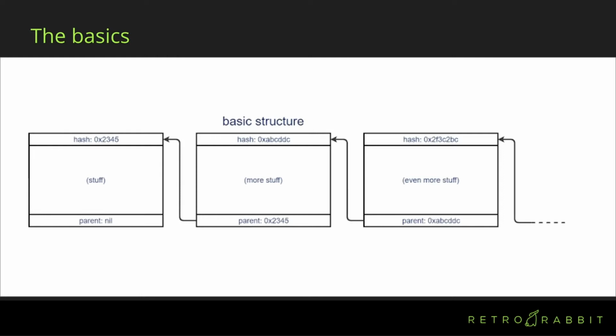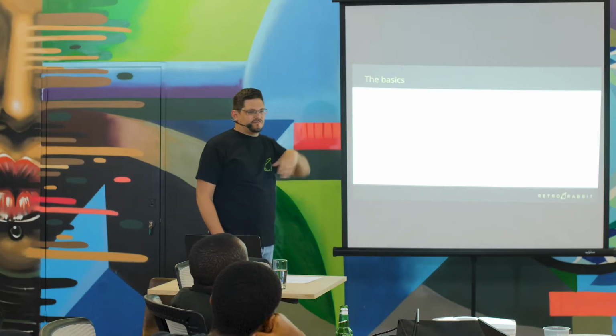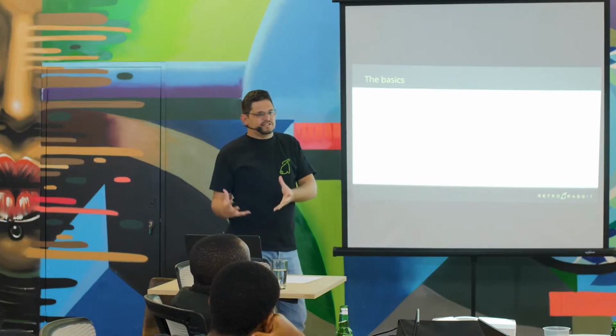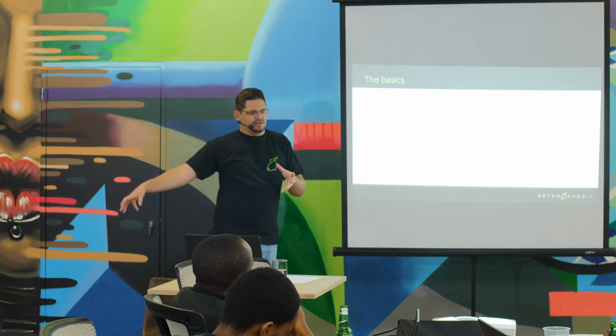It has a hash, which is the digest of the data. The idea behind the hash is that if any of the data changes, the hash changes completely. And other than that, you cannot predict what a hash is. You cannot say, I want this data and it must hash to this value.